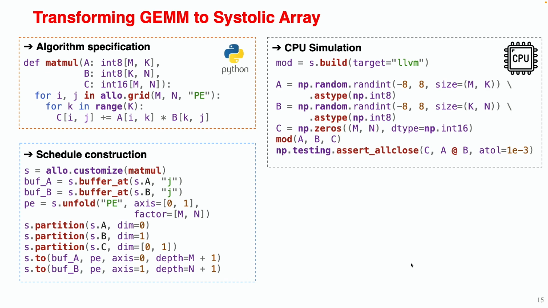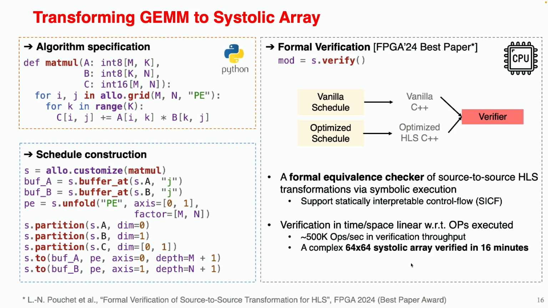And then to test whether the results are correct, we can lower the code to the CPU backend. Users can directly pass in the NumPy arrays and leverage the LLVM execution engine to run the optimized module. And apart from the basic CPU simulation, we also provide a stronger correctness guarantee for our customizations, especially for those dataflow programs that cannot be easily simulated on CPU.